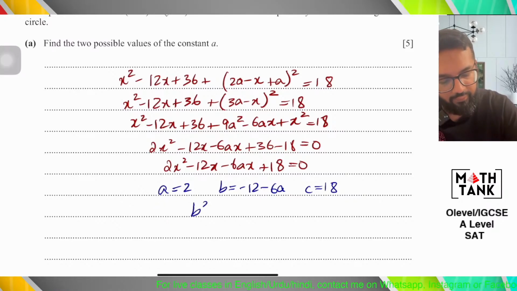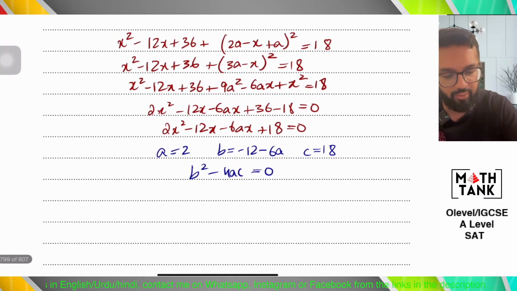B square minus 4ac equals to 0 because it's a tangent.